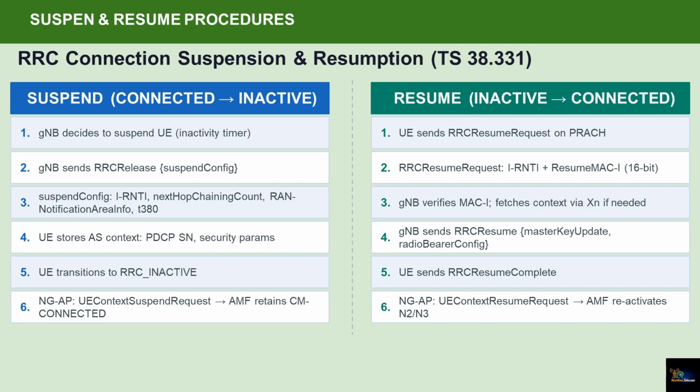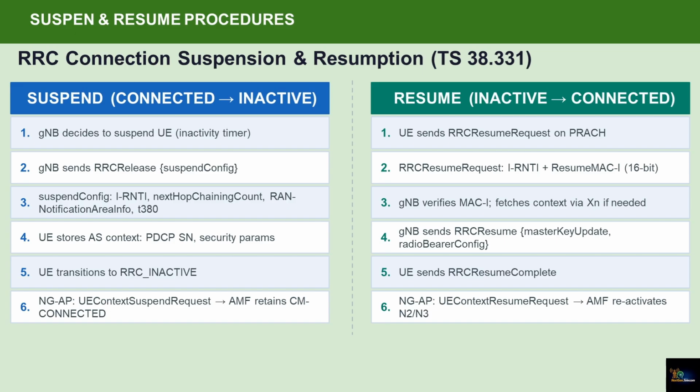Suspend config contains the short I-RNTI and full I-RNTI, which we can discuss later. So suspend config has the I-RNTI, next hop chaining count, RAN notification area info, and the T380 timer. Fourth, the UE stores the access stratum context, meaning PDCP, SN, and security parameters.